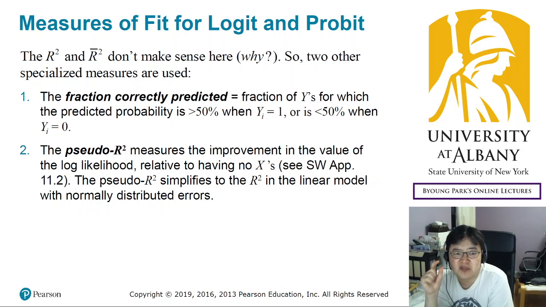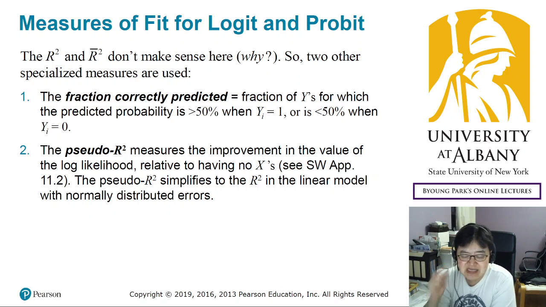I would not interpret that as an error. Instead, if something happened and you estimated it as 90%, then you literally gained a point of 90%. So you are correct with 90%. We would interpret that as the fraction correctly predicted. This would be a better way to understand.